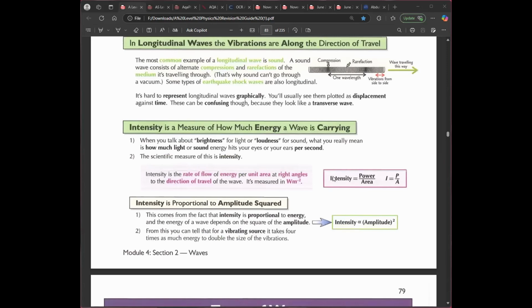Then we have intensity. So intensity is another thing that has been quantified. Intensity is just the power that is spread over a unit area. So it could be, like I said, that electromagnetic waves are also waves, as I said in the name as well. So some lasers are classed to be very dangerous for humans.